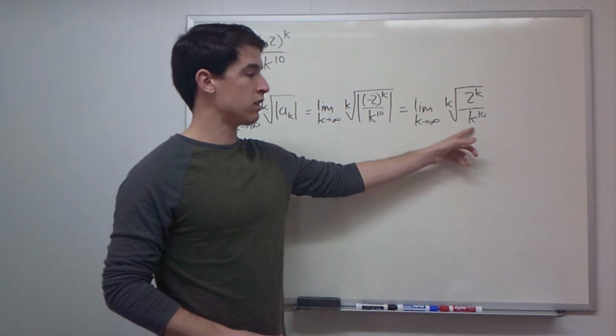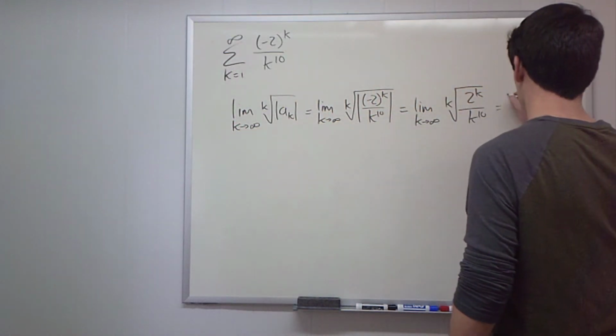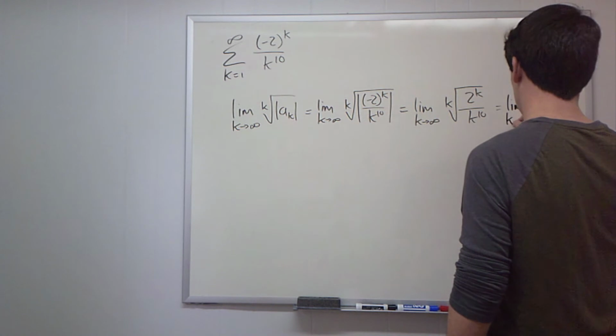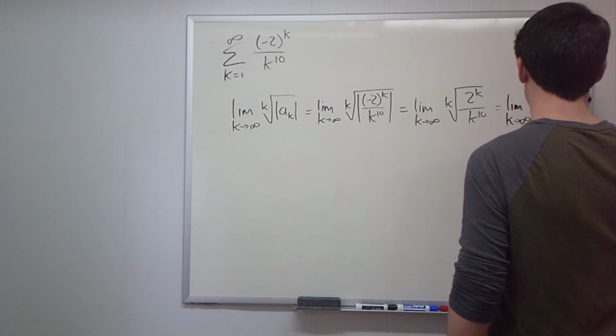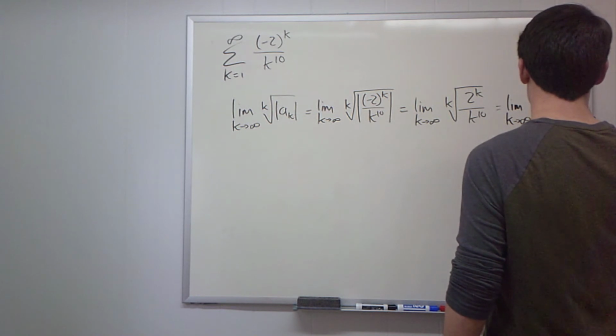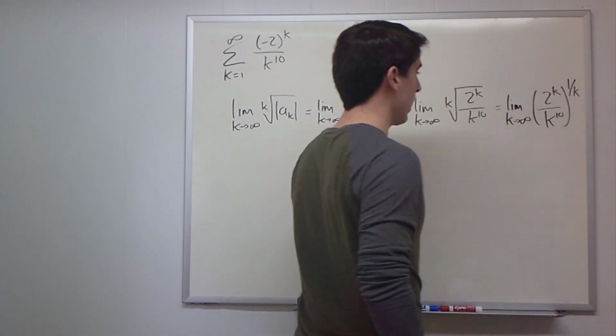And let's rewrite this one more time just to make it a little easier. This is the limit as k goes to infinity of 2 to the k over k to the 10, raised to the 1 over k. Right?